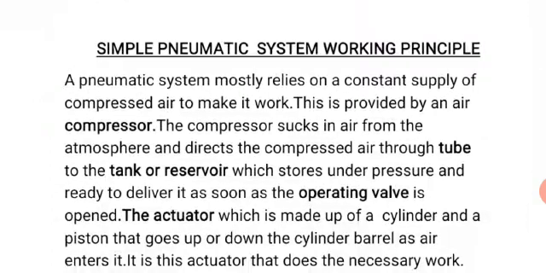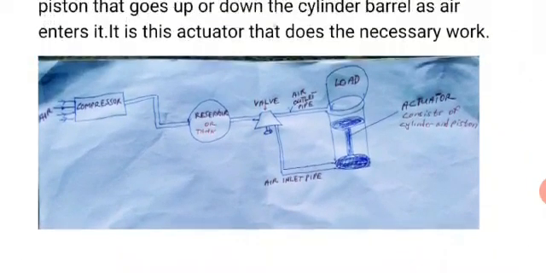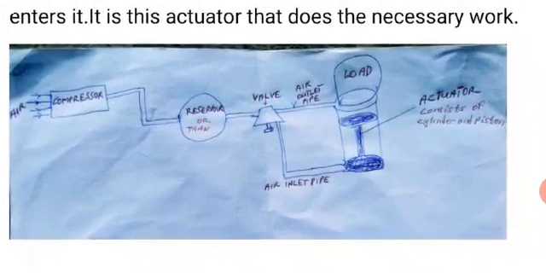Let's go to the simple working principle of pneumatic system. With the aid of this diagram we are looking at, we can see from the left side of the diagram the air entering the compressor. The pneumatic system always consists of 5 major components: the compressor, tube, valve, reservoir, and actuator.